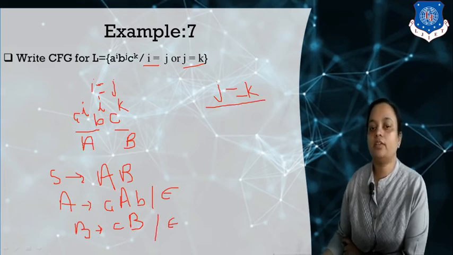In the same way I can use the other condition, j equal to k. So here a raised to i, b raised to j, c raised to j. The same concept I can use.